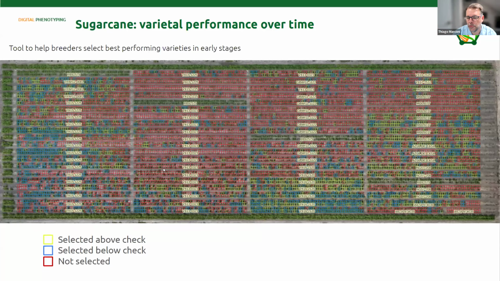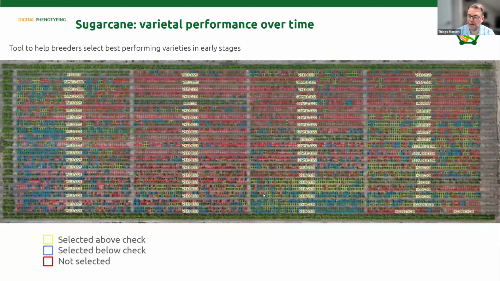And we were able to do that. And obviously, we all, as researchers, always have checks in our field. So we can base it on the performance of the check to see which plants are performing better than the check.